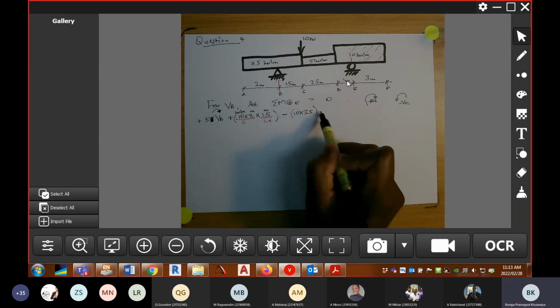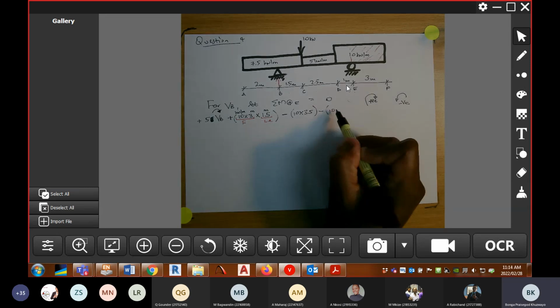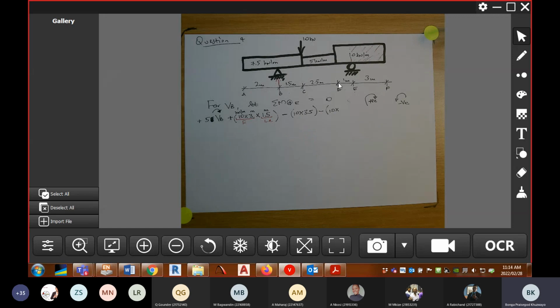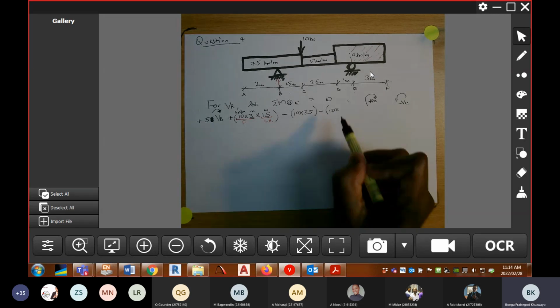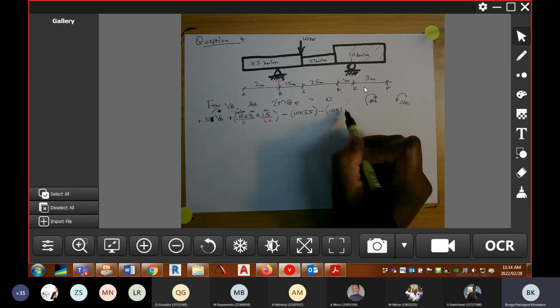And then minus, then we have this UDL, that small portion of 10 kilonewton per meter over a distance of 1 meter. So this is now a force. That force is acting somewhere there at the center of node D and E. So then the lever arm is 0,5.